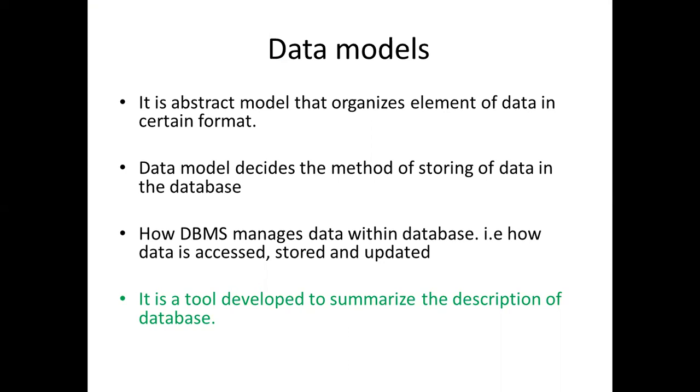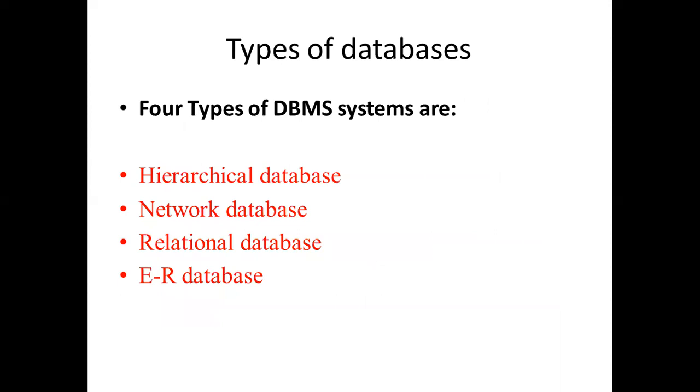There are different data models present in a DBMS: relational, hierarchical, network-based, entity relationship model, or object-oriented model. Based on which model is adopted for the creation of that DBMS, DBMS is differentiated into 4 different types: hierarchical database, network database, relational database, and ER, entity relational database.